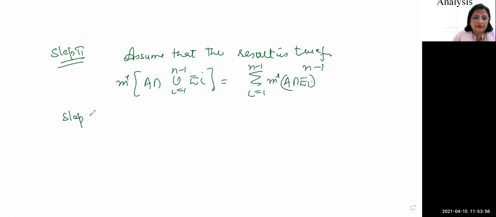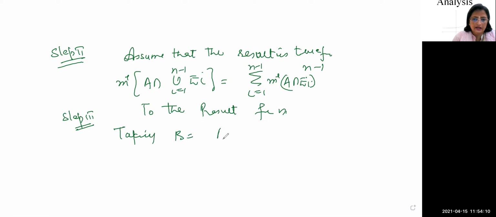Step number 3, to prove the result for n. So taking B equal to A intersection union i running from 1 to n Ei, right?